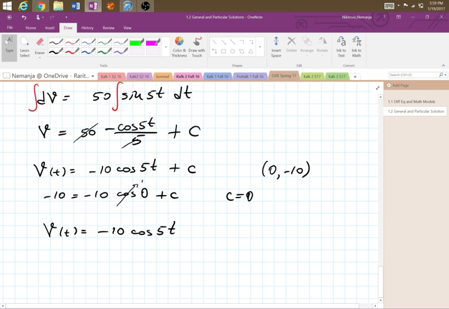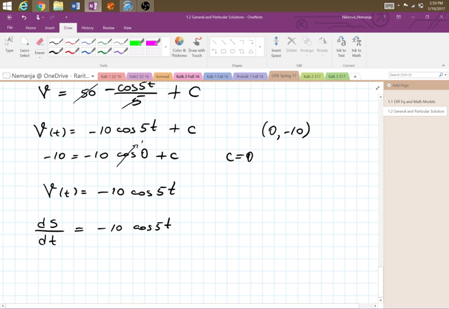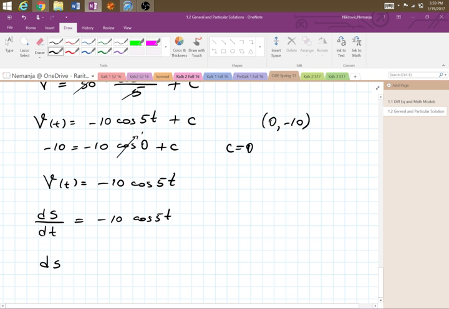And then you realize you have to do it one more time for position function. So change in s over change in time is negative 10 cosine 5t. ds is negative 10 cosine 5t dt. Integrate both sides.